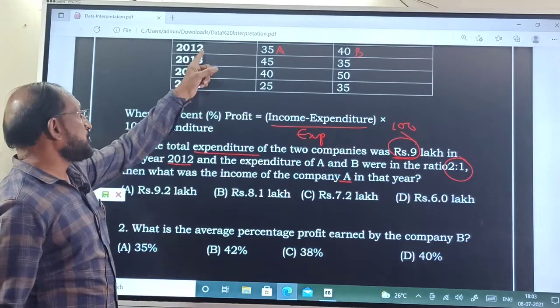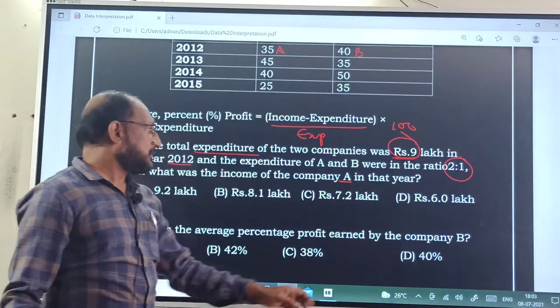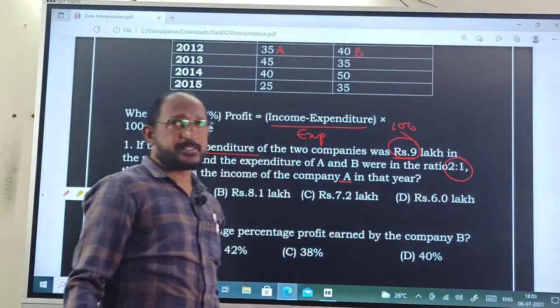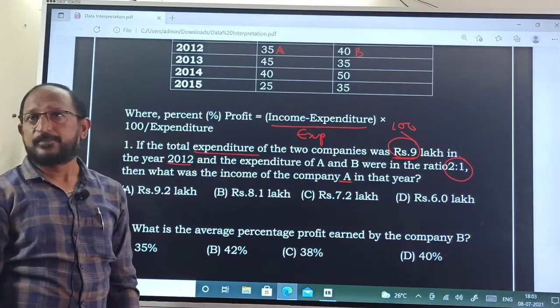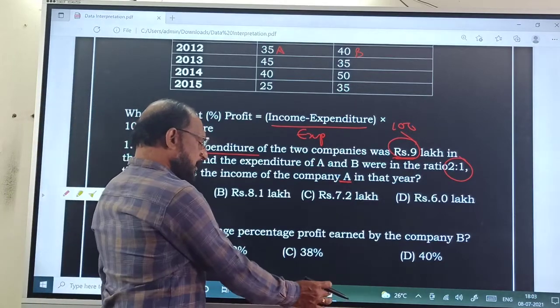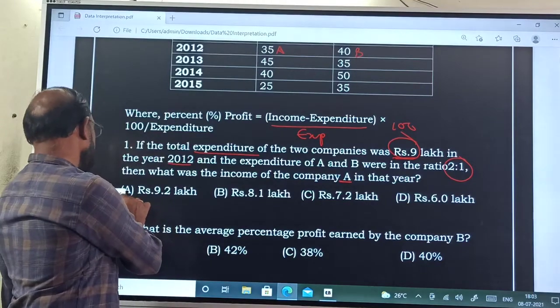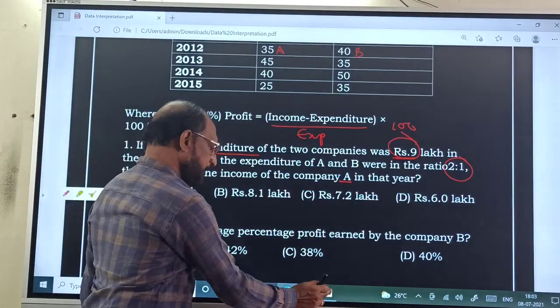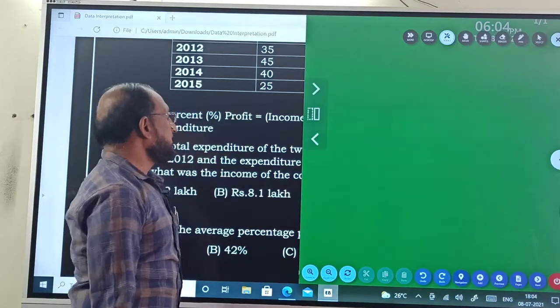Observe that the 2012 profit percentages are 35 and 40.